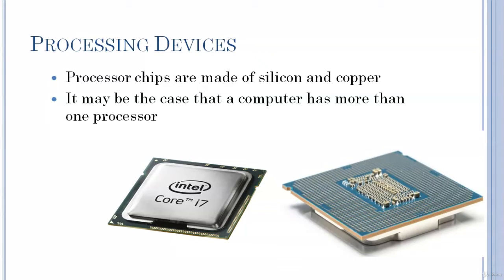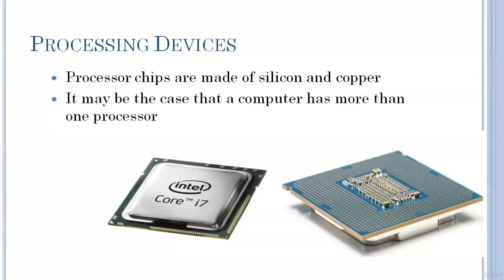Now, in order to process the data, the computer passes electricity through these electronic circuits. It may be the case that a computer has more than one processor.